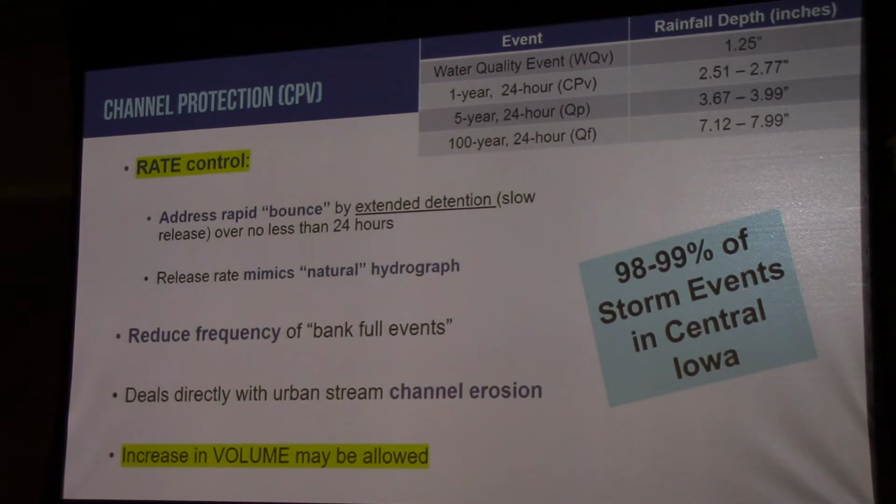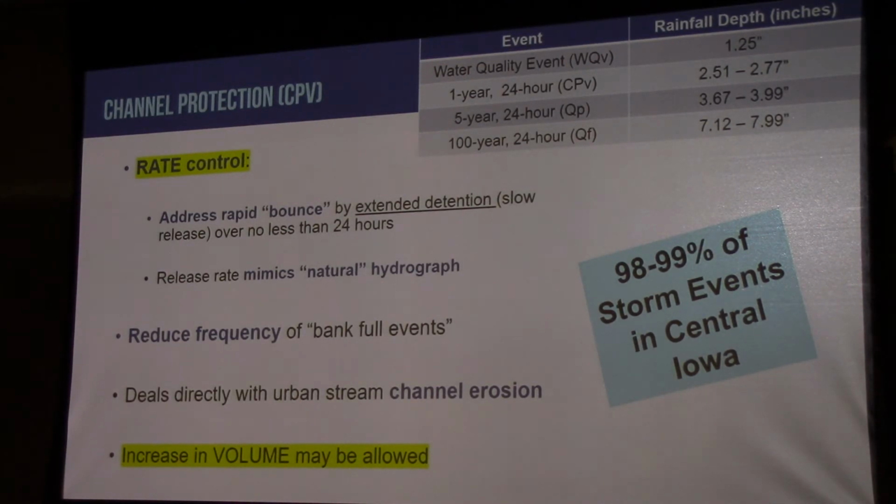Now we start to shift a little bit from volume, like measuring for a certain volume we're storing, and go a little bit more into rate control. So the goal of channel protection volume is we're trying to slow that water down. We're not going to keep it and retain it necessarily, but we're going to slow it down over a long period of time to avoid that rapid bounce. So that when we get about 2.5 to 2.75 inches of rain, our urban streams don't pop up big and then come right back down, and go back up and then come right down.